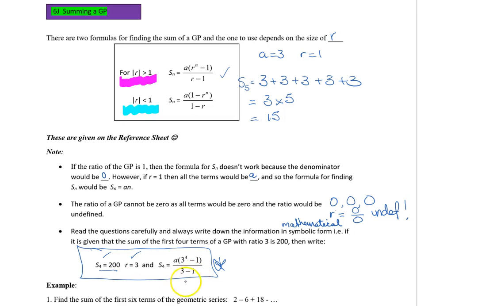Hopefully you would see then that we've got one unknown here, A, and S4 is actually not an unknown because we've got 200. We could sub our 200 here, create an equation just in A. An equation with one unknown, we solve.